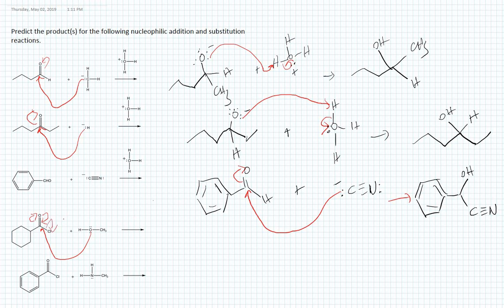So instead of drawing two steps, we are drawing the reaction mechanism in one step, and we are going to show the product here. Let's draw a little bit better. So instead of an acid chloride, we form an ester plus HCl.